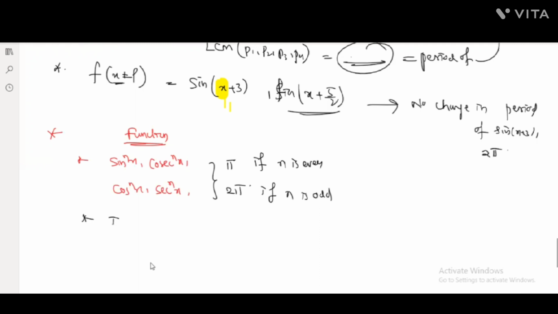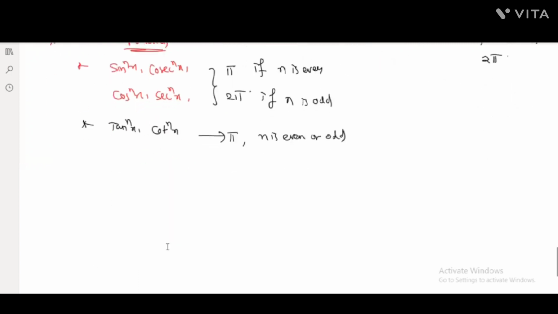So for tan power nx and cot power nx, whether n is even or odd, the period will be pi only. And this is when you have powers for the trigonometric functions.